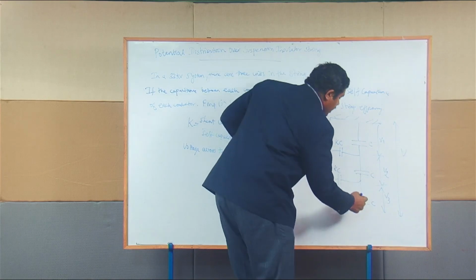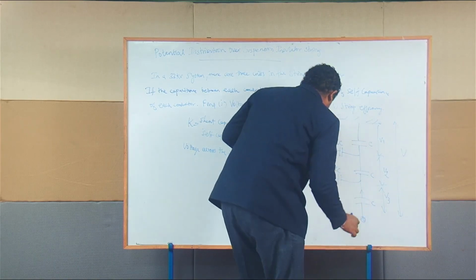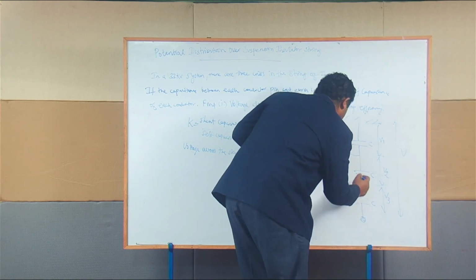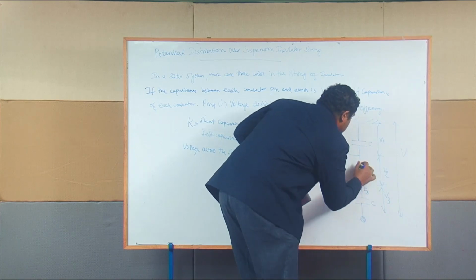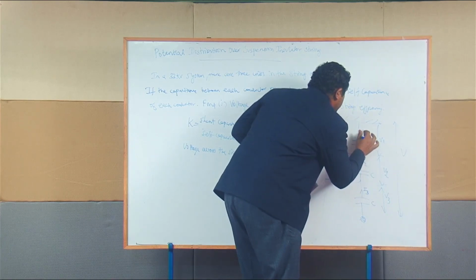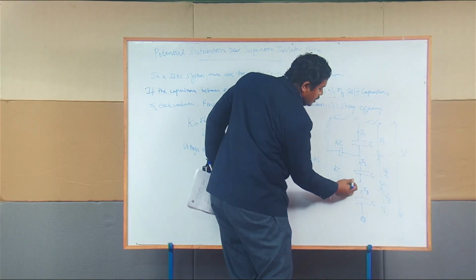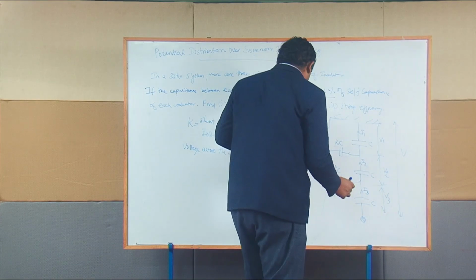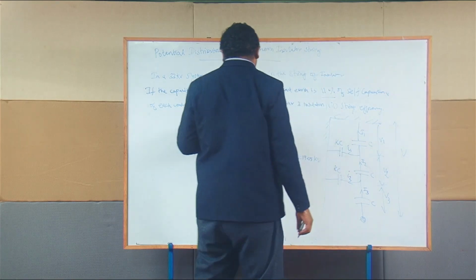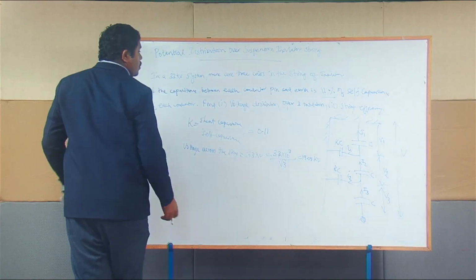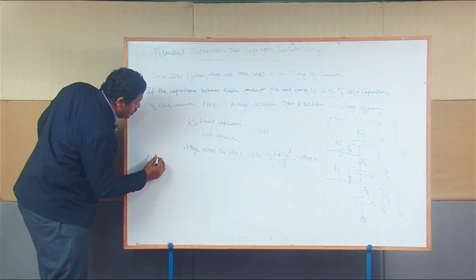Now we have to assume the current flow, and this is my conductor. The current is assumed here, which is I3. So all self capacitance current is taken as capital I, and shunt current as small I, small I1, small I2. So now what you have to do? At each junction you have to apply Kirchhoff's current law.